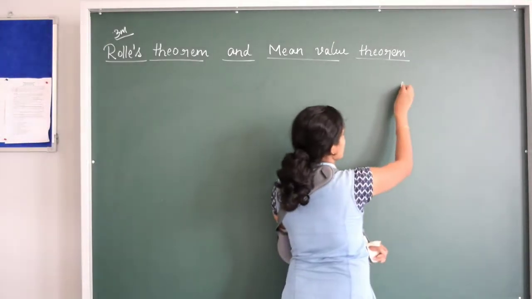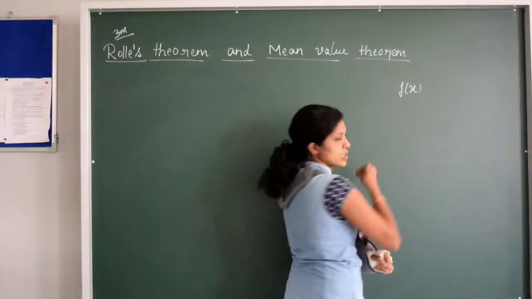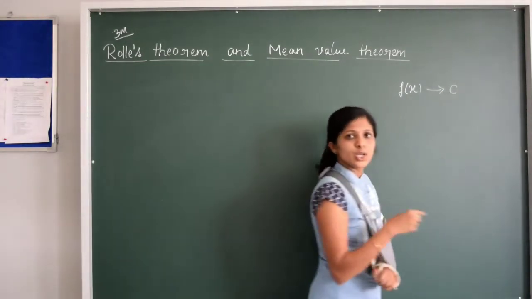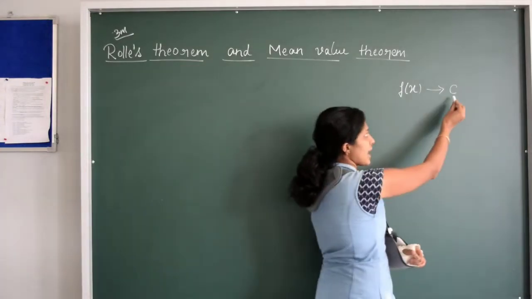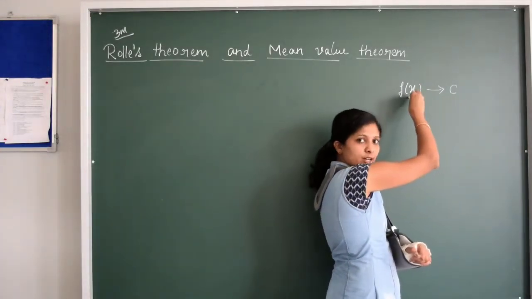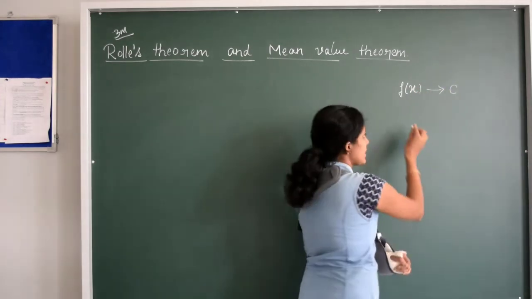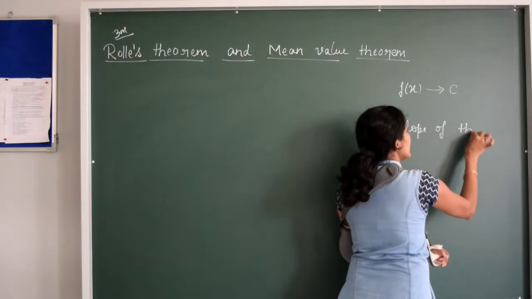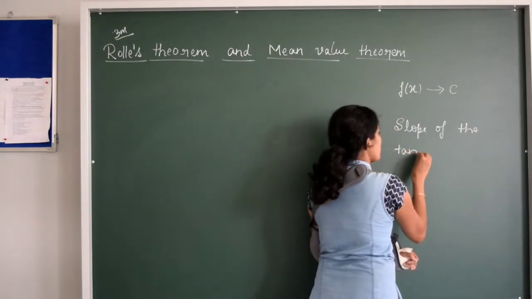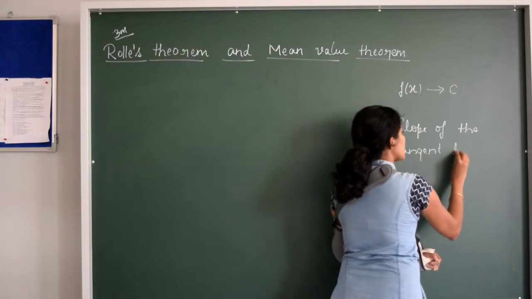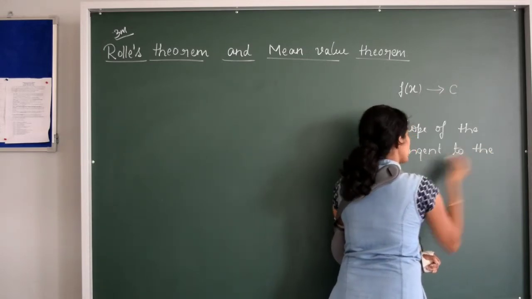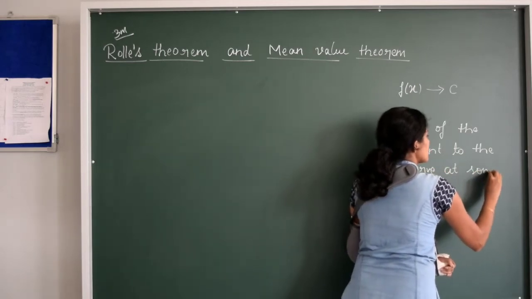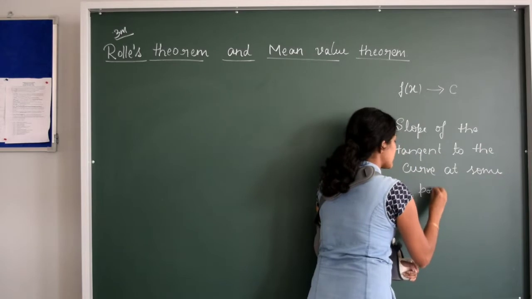When the function is differentiable, suppose I consider the function f of x to be differentiable at the point C, then you should be able to draw the tangent at this point C. Then we can say that the function is differentiable at the point C. That is, the derivative is the slope of the tangent to the curve at some point C. Is it clear?